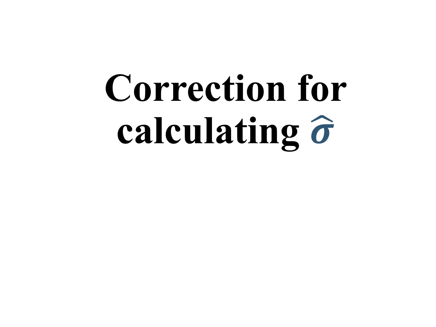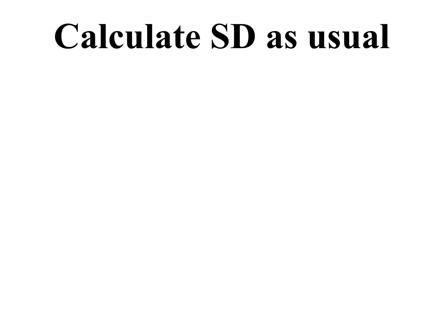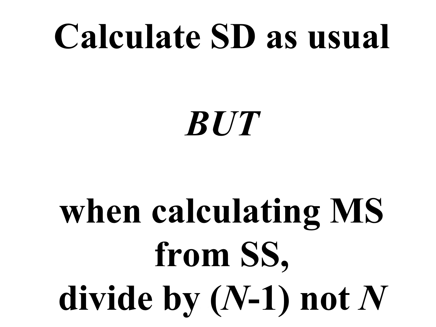When you want to calculate the estimated value for sigma, statisticians have shown that you get the most accurate results with a correction, and here it is. When you are calculating the standard deviation in a sample, calculate SD just like you always do, but at the step when you are calculating the mean square from the sum of squares, divide by n minus 1 rather than by n as you usually do. I'll show you what this means.